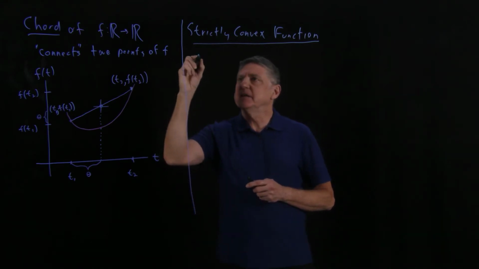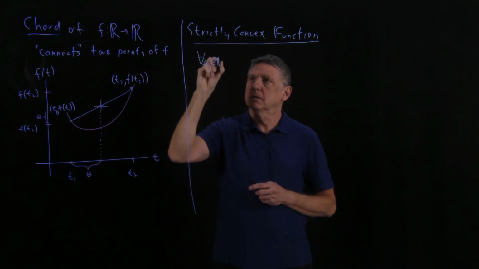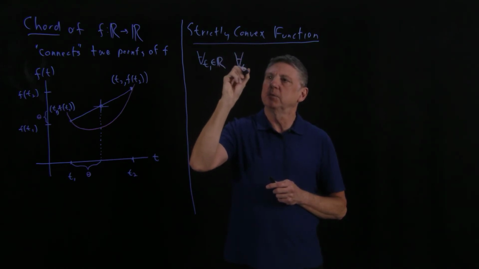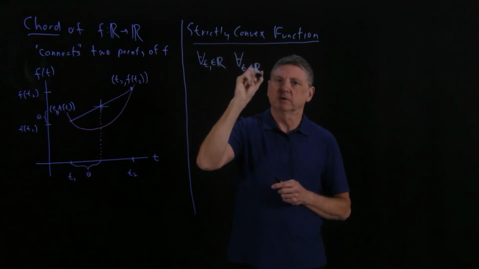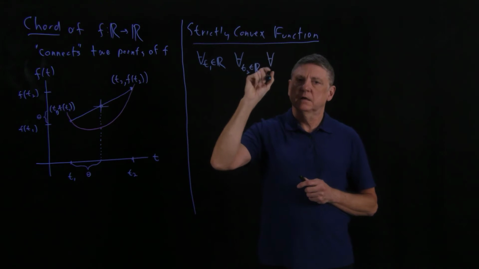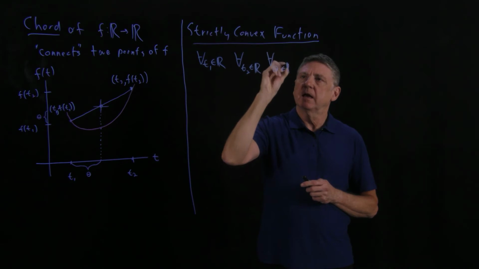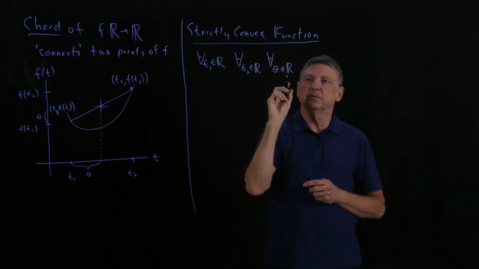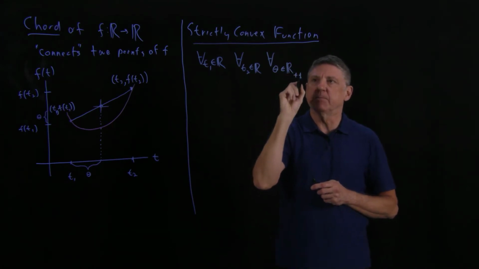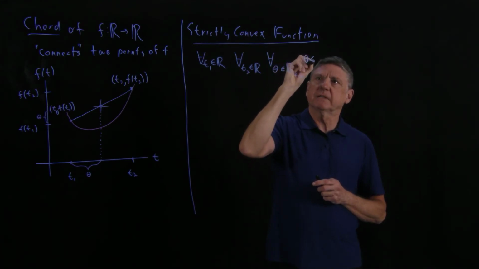And the definition is for any first point that is a real number, and for any second point that is a real number, and for any parameter that is, here we're going to be specific, not just non-negative, it's a positive number such that it's strictly less than 1.